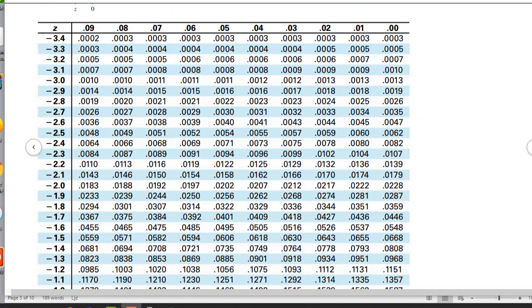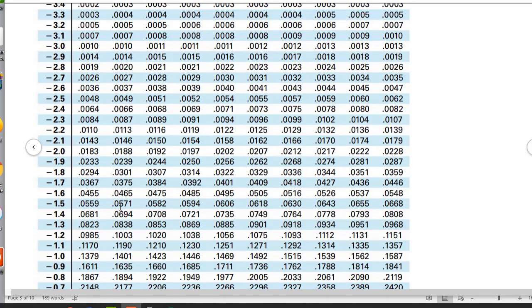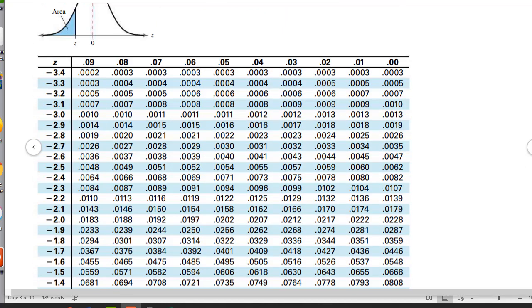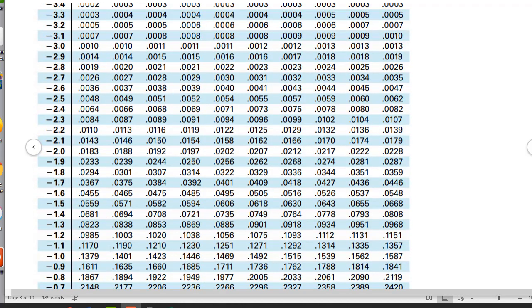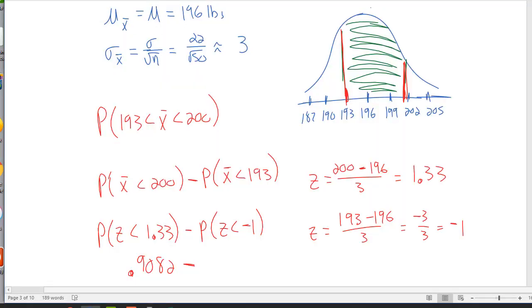Looking up a z of negative 1, in my table, here's negative 1.0, and then the second decimal place of 0.0 is the last column. So I get negative 1.00 is 0.1587.